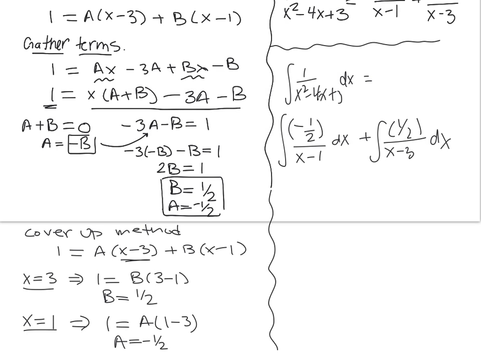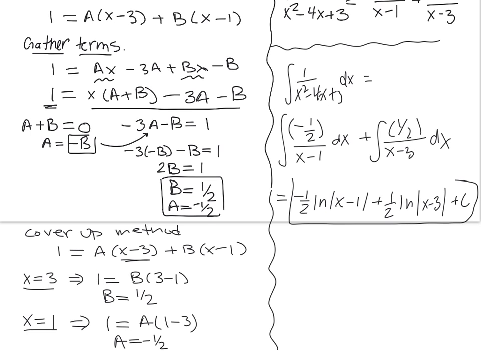And both of those integrals are really, really easy to find. The first one is negative 1/2 ln absolute value of (x minus 1), don't forget those bars, plus 1/2 ln absolute value of (x minus 3).